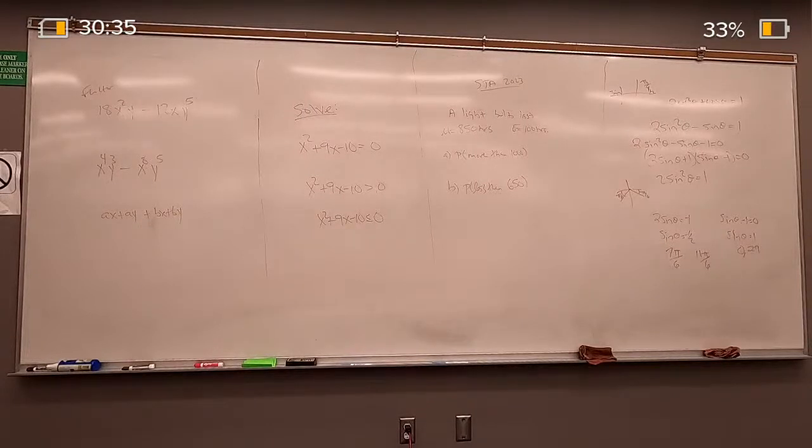I got 0 and 2 pi, but sine is 1, and sine equals y. So it should have been pi over 2 and 3 pi over 2. That's what you were saying? Okay. I think that's what threw me off.